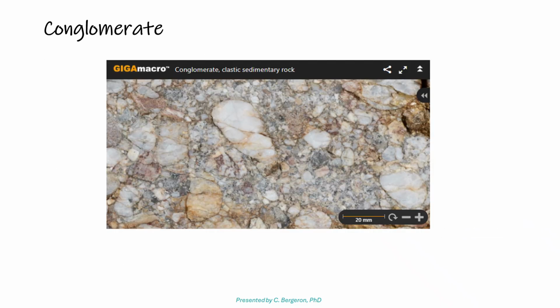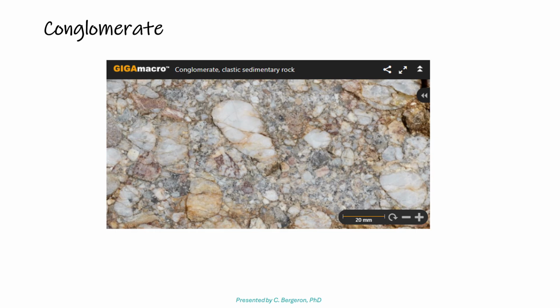So I touched on how we describe clasts, and thereby sedimentary rocks made of said clasts, by their size. But we also look at the rounding of the clasts. So how angular are the edges on the clasts?